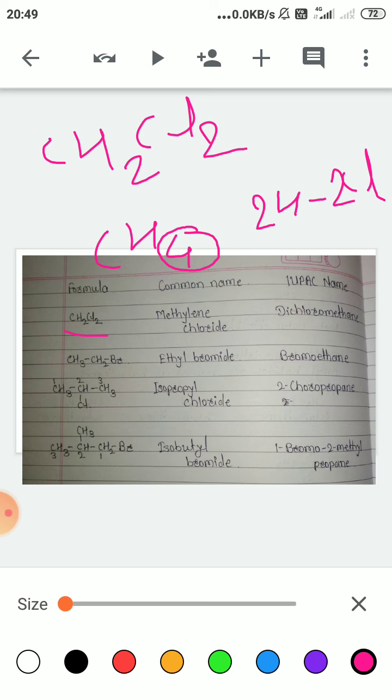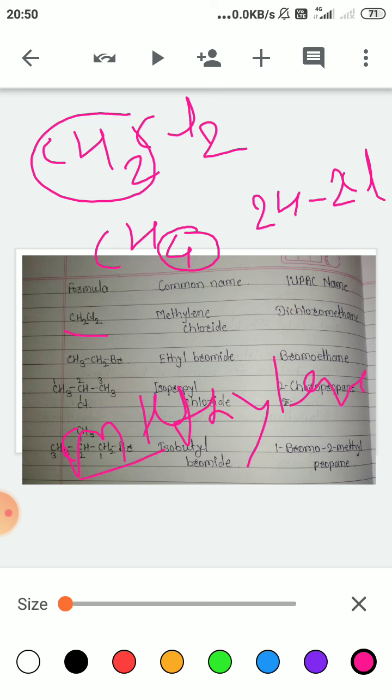In the common name system, the CH2 group is nothing but the methylene group. Therefore the common name of this compound is methylene chloride. Here you have to mention that the CH2 group is nothing but the methylene group.